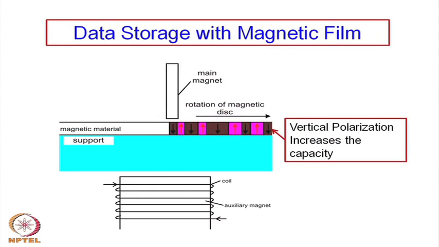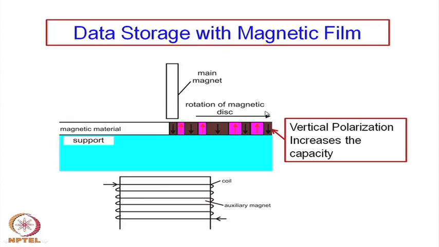Well, this is just an example of some of the, we may come to that later, but this is only an example of thin films, magnetic materials in data storage devices, hard disks particularly, and a very simple thing, just an example of application of magnetic materials.